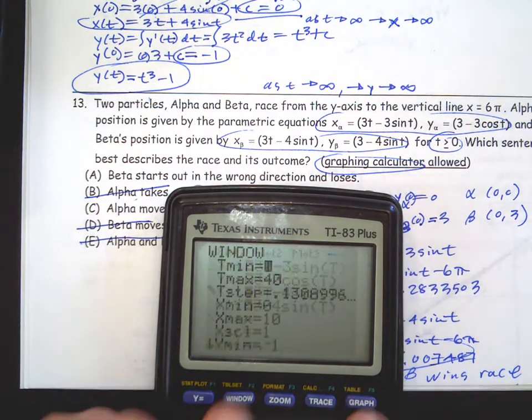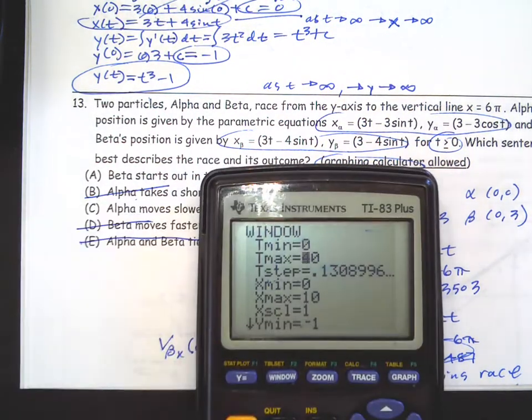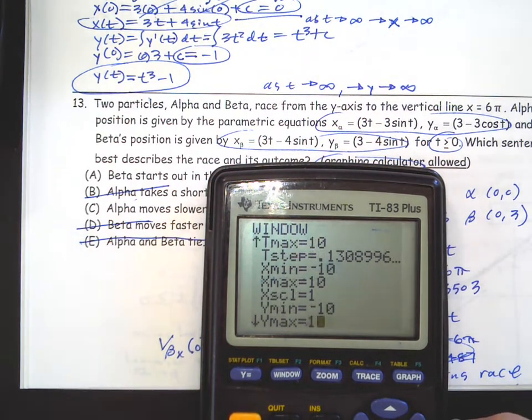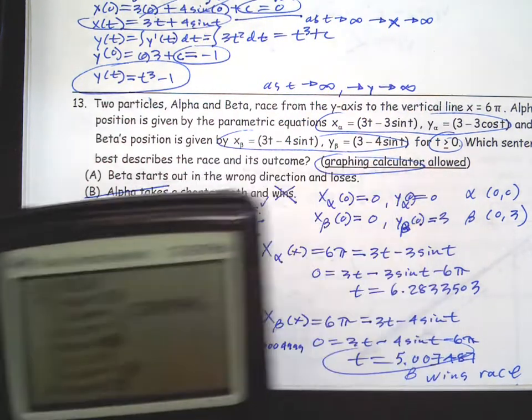Now the window needs to be big enough. I mean, look, based off these times, we could do like 0 to 10, x-min, I don't know, negative 10 to 10. Maybe we could just do negative 1. And by the way, we're trying to get to what, 6 pi?